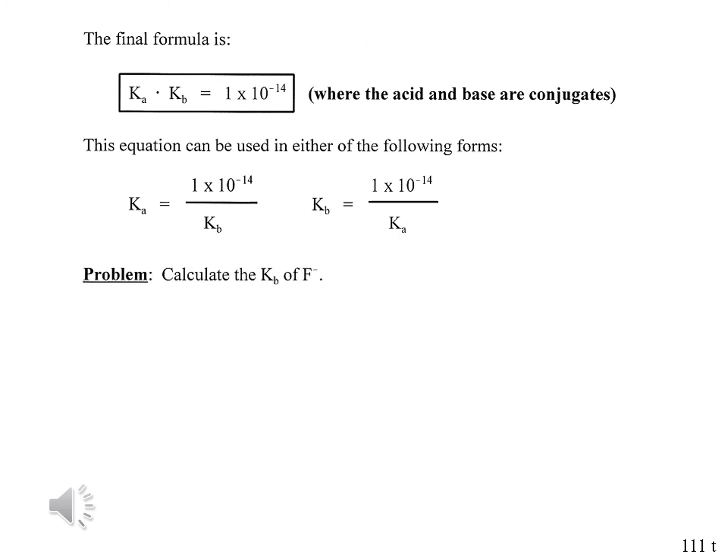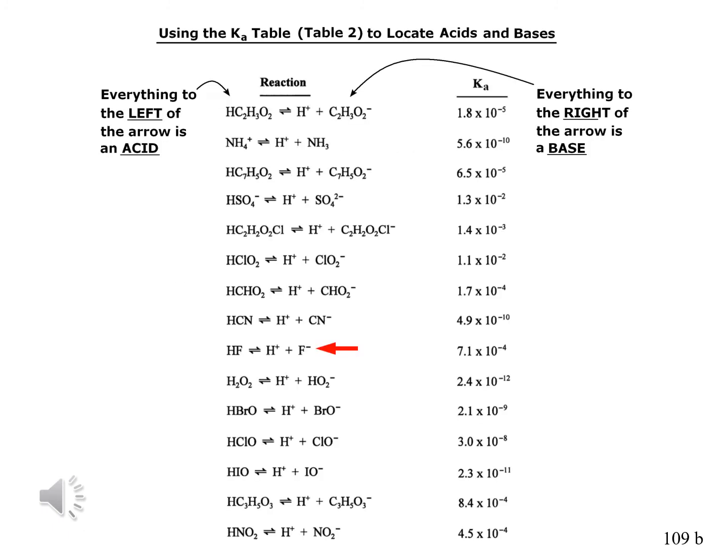The first problem I want to do then is to calculate the Kb of F-. If you look at the Ka table, you can see where HF is, but the number 7.1 times 10 to the minus 4, that's the number that corresponds to the Ka for HF.